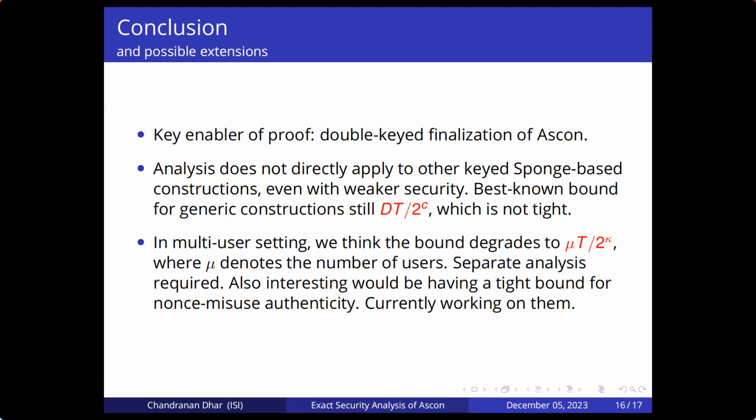But what we can see is that we know the mu t by 2 to the kappa term, you cannot get rid of this term. The other terms we are not sure about, but this term will be here.